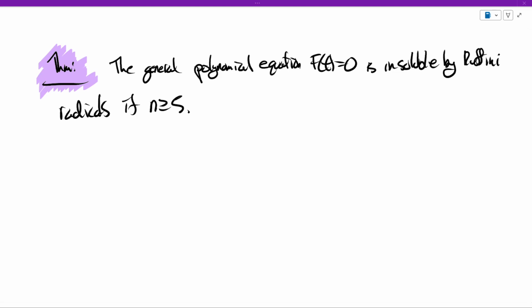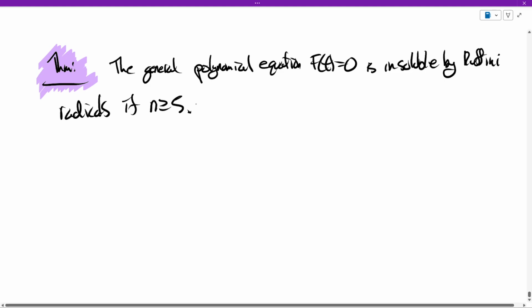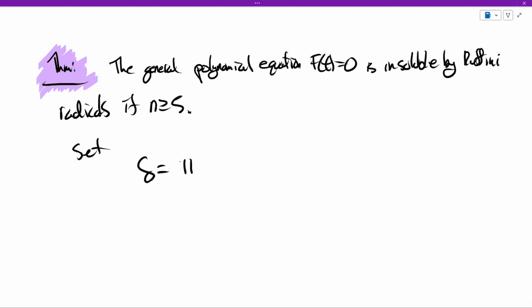Before we prove this, there's one more thing I need to talk about. That last thing before the proof is we're going to set delta to be the product of all pairwise differences in the indeterminates t1 through tn in order.